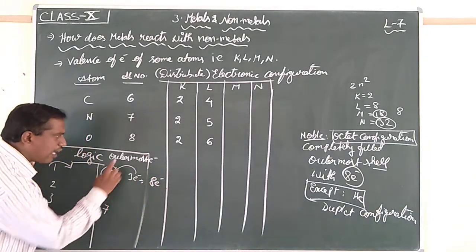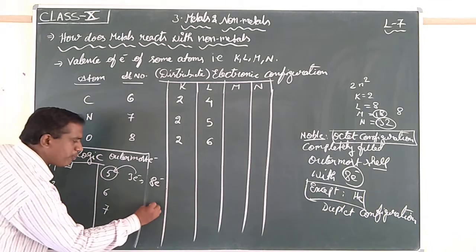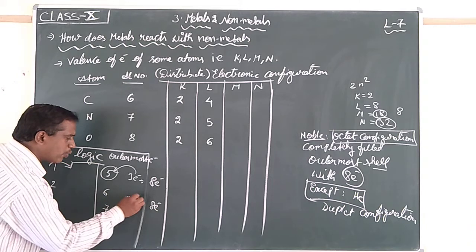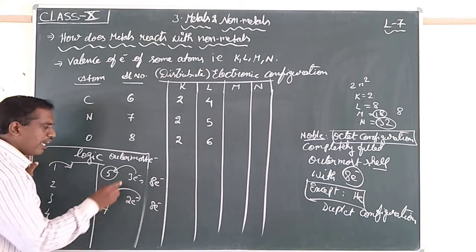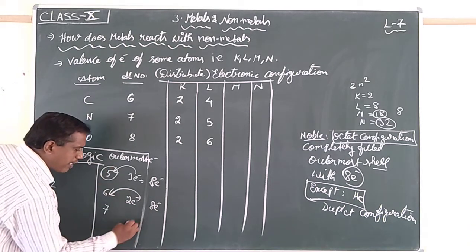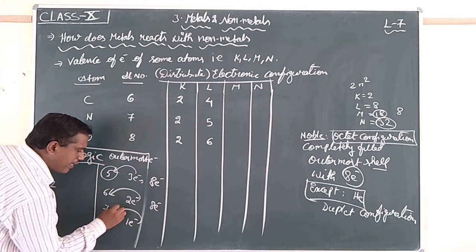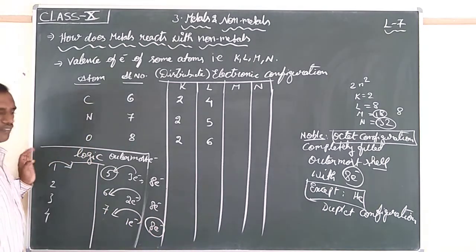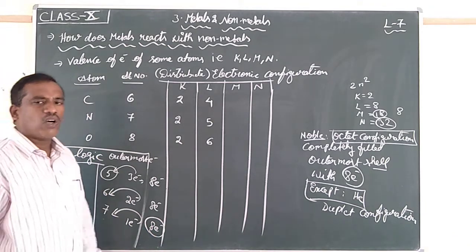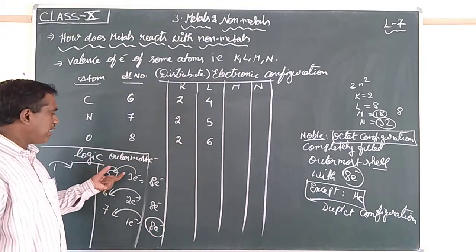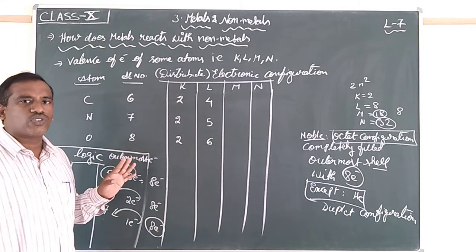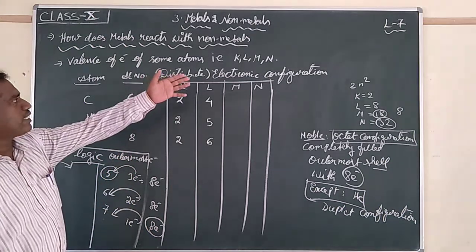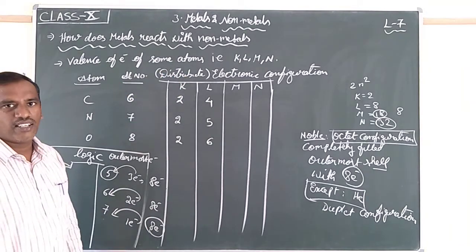If there are 6 outermost electrons, in order to become 8, how many will it gain? 2 it will gain. If it is having outermost 7, if we give only 1 electron, it will become 8, means octet configuration. So any element, whatever it may be, the one that is accepting the electrons, we are calling it a non-metal.